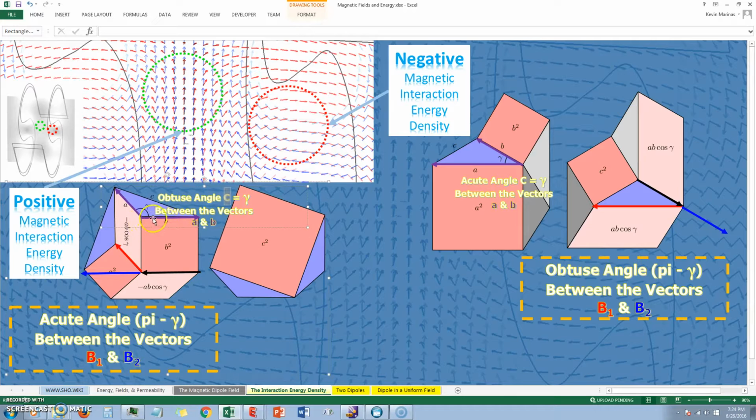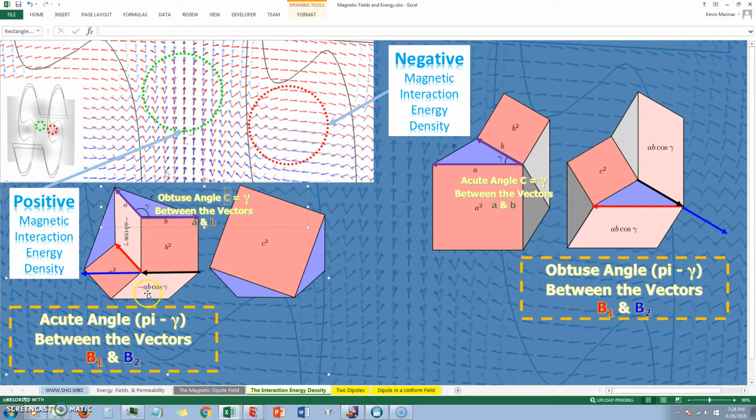Now, we subtract that angle from 180 degrees, or pi radians, you'll get the angle between this blue arrow and the red arrow. So the acute angle pi minus gamma between the vectors b1 and b2 is that. Now, if I took that into consideration, the cosine of this angle is positive. So if I take something based on 2 times, or let's see here.